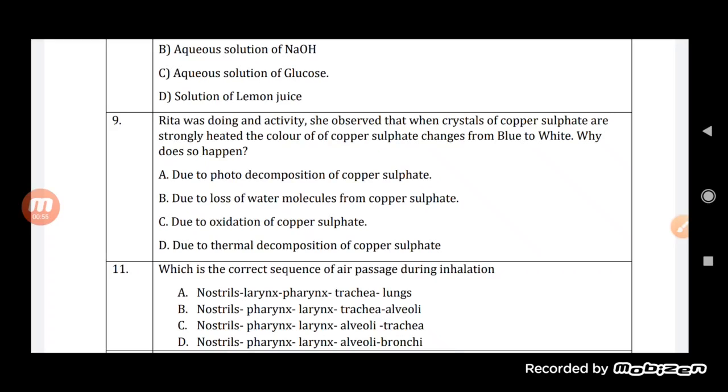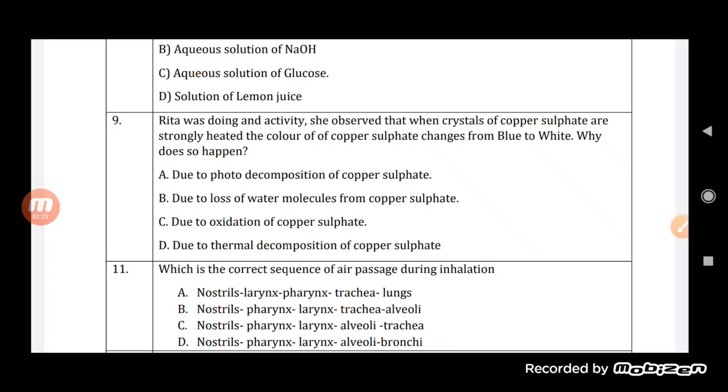Here it is not because of thermal decomposition. Thermal decomposition will happen when the chemical breaks down into other different types of components. So there is a reactant which decomposes to give products, that is thermal decomposition. And here the loss of water molecule happens.